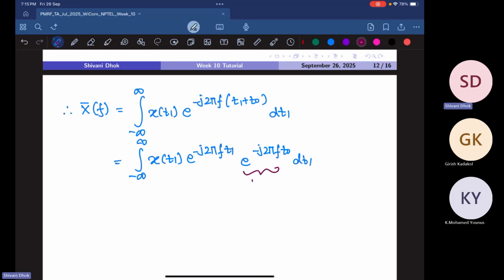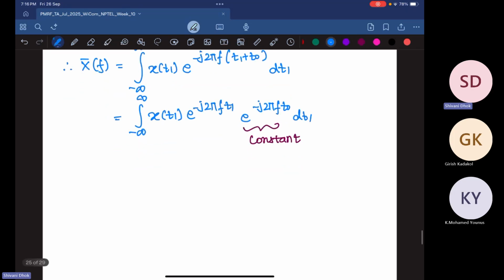This is a constant, so I can take it outside the integral. So this is basically e power minus j 2 pi f t naught times the integral from minus infinity to infinity x of t1 into e power minus j 2 pi f t1 dt1.